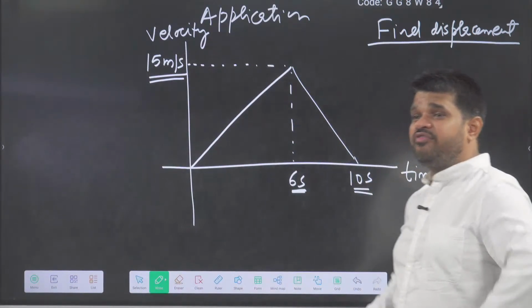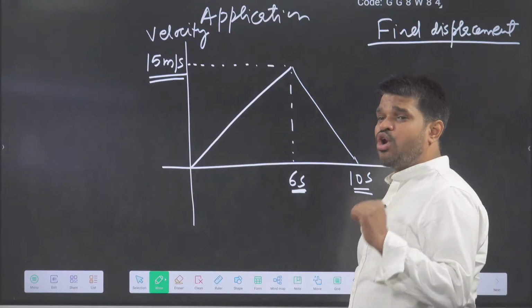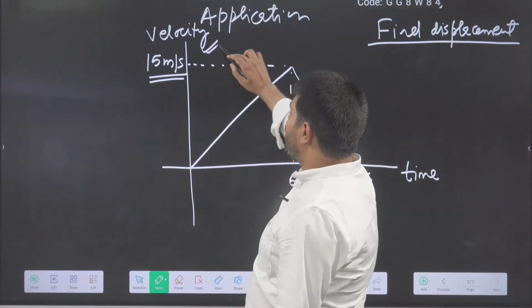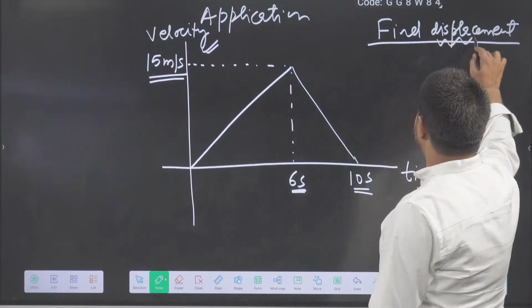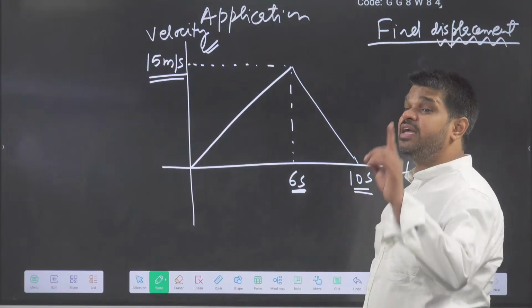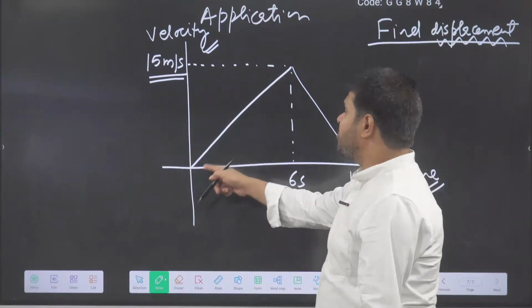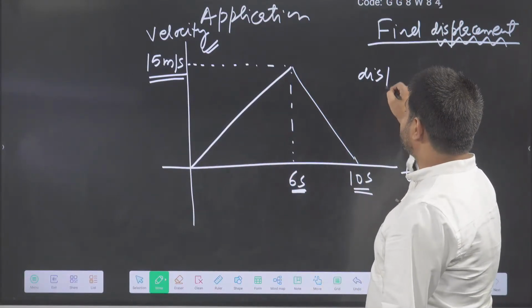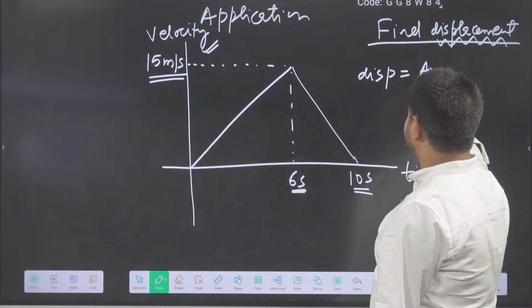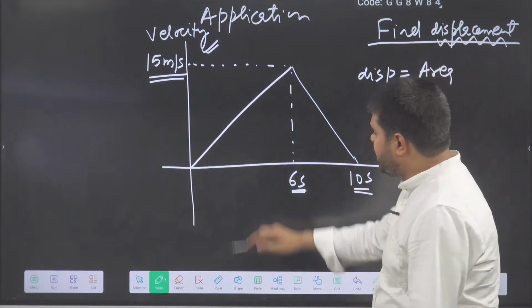First of all, yesterday I taught that if you have a velocity versus time graph, then you can find displacement by finding the area between the graph and the time axis. So our displacement will be the area. Let me shade the area.